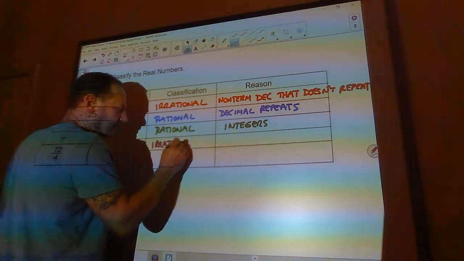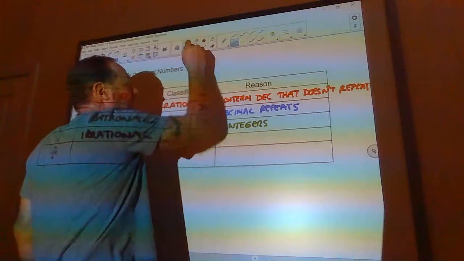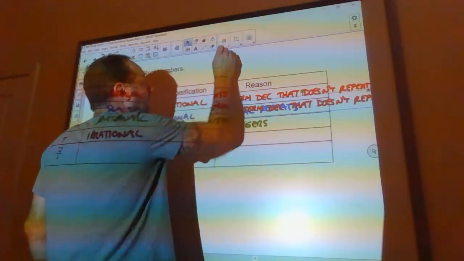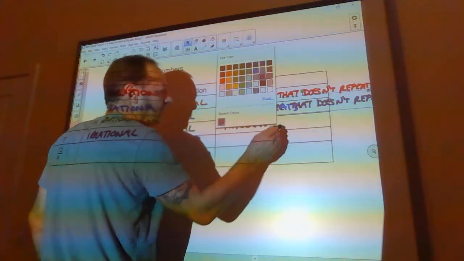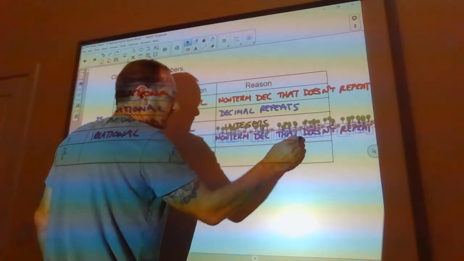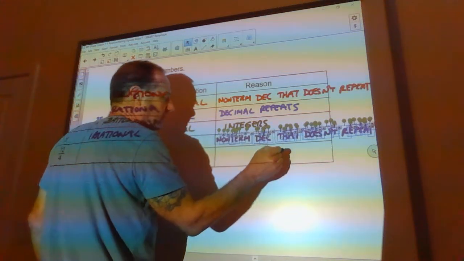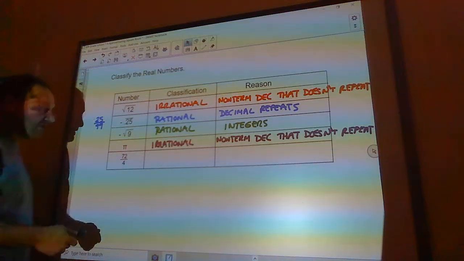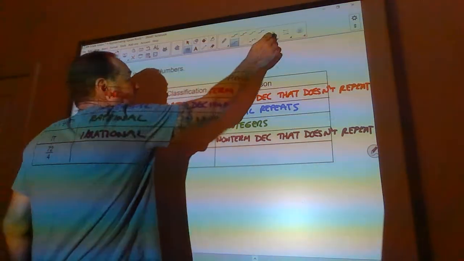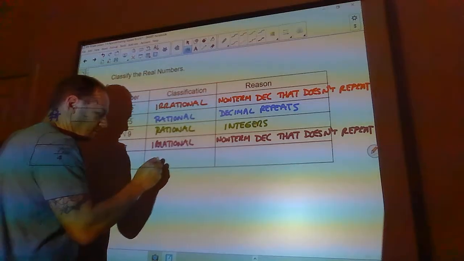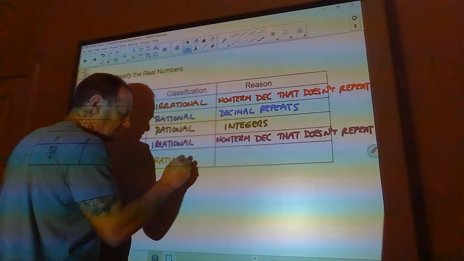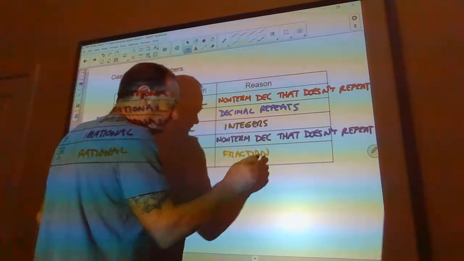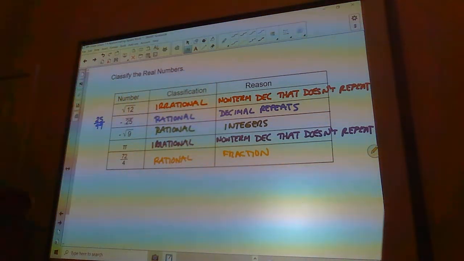It's the same as this one, so we can take this and just move it down here. And then 72/4. Well, that's obviously a fraction, so that's a rational number.